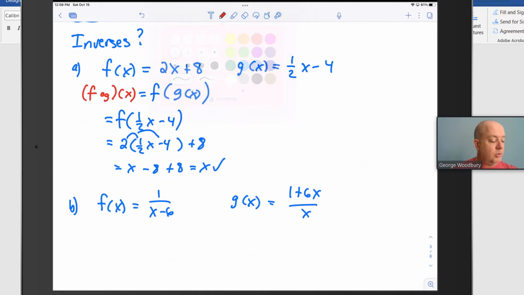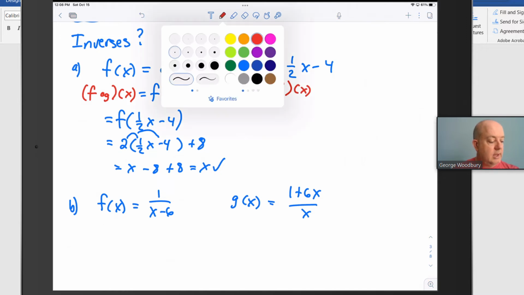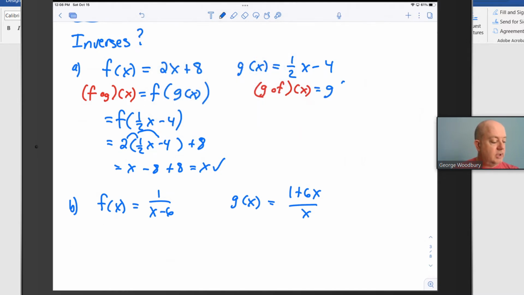So we also need to check g composed with f of x. And that is g of f of x. The function g was 1/2 times the input minus 4. So where x was, I put a set of parentheses, and in those parentheses, I put the formula for f of x.